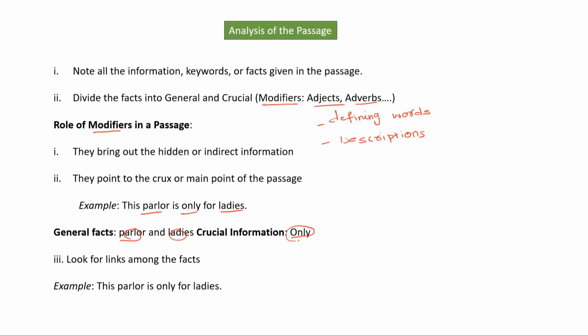Without the word only, I may not be able to make an inference. The presence of the modifier only helps me conclude that men are not allowed. The modifier only indirectly says that the parlor is not for men. So that is the hidden information, that the parlor is not for men.